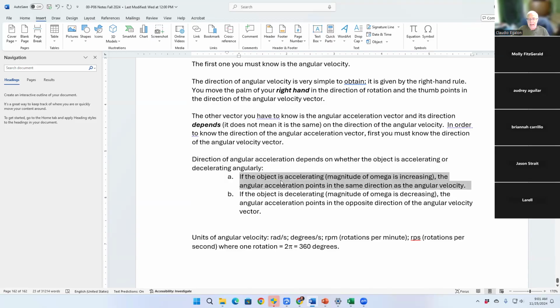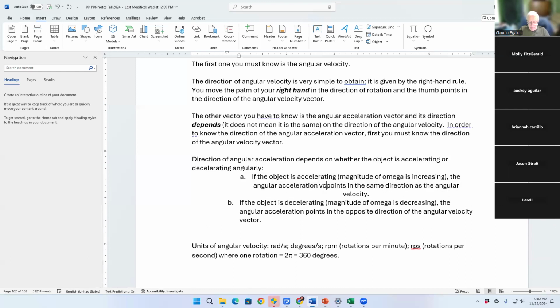If the object is accelerating, the magnitude of omega is increasing, and the angular acceleration vector points in the same direction as the angular velocity vector.